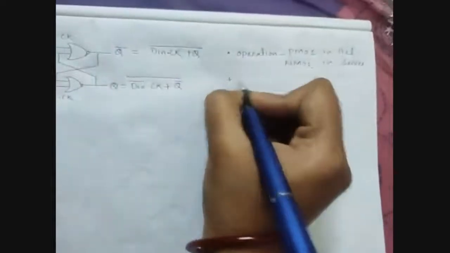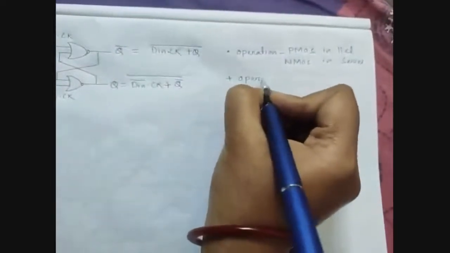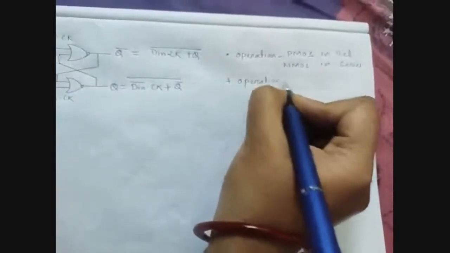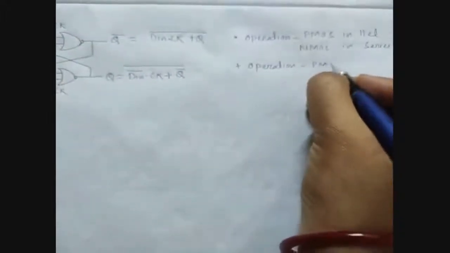And for plus operation, just the reverse of this, means PMOS connected in series and NMOS connected in parallel.